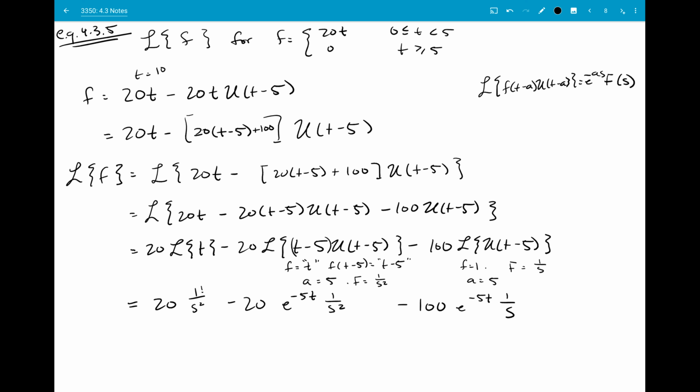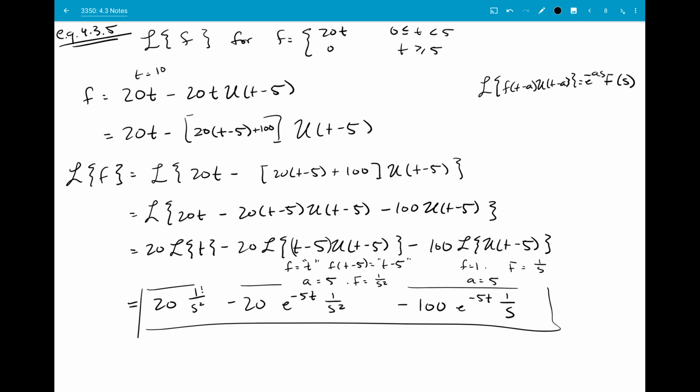I also gave that to you on the table of references at the start, so it's fine if you just want to write that down directly from your reference table as well. But all that right there is our answer. I'm not going to do the whole box, I guess. I don't want to write over stuff. I'm going to go ahead and stop there because I think another example would take us longer than 10 minutes.